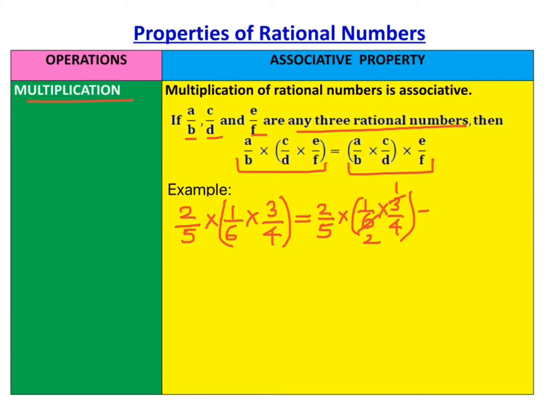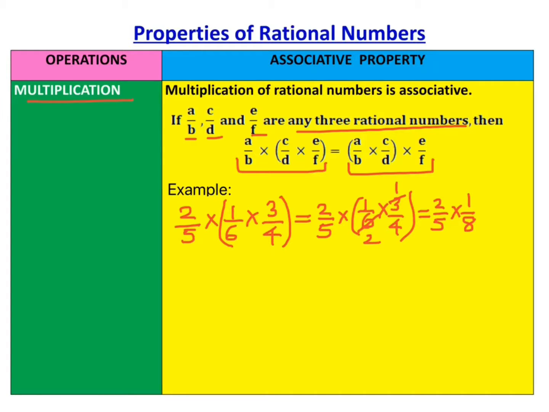So this expression is equal to 2 by 5 times, inside the bracket, let's multiply the numerators together. 1 times 1 is 1 by 2 times 4 in the denominator, which is 8. Now let's multiply 2 by 5 times 1 by 8.